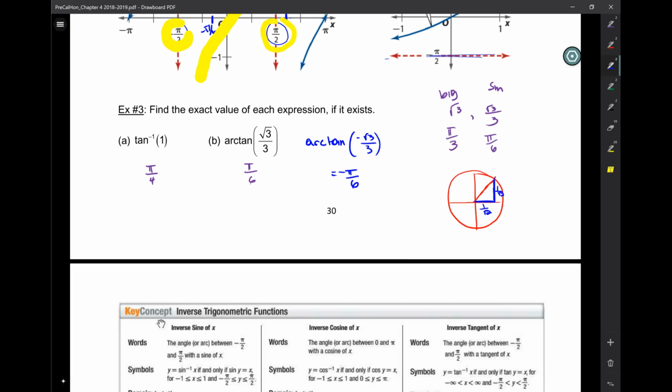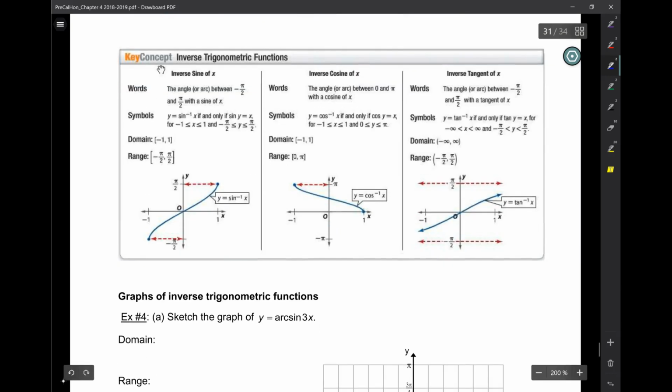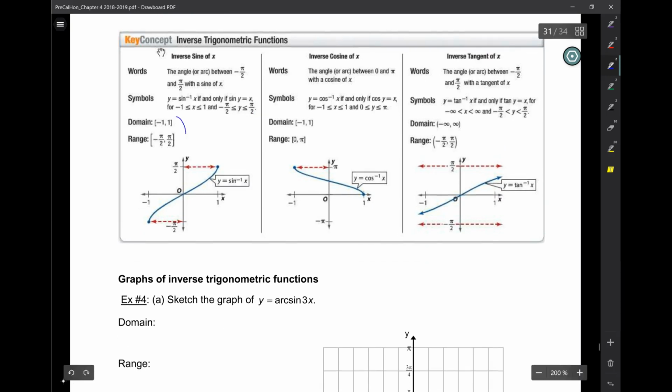So this is a summary of everything that we just said, and it summarizes the domain and range of inverse sine, inverse cosine, and inverse tangent. Notice the domain for inverse tangent is negative to positive infinity.